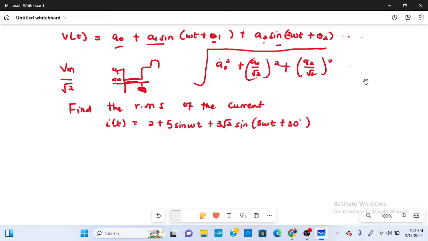Right. So at this point, the question is saying we should find the RMS of this.